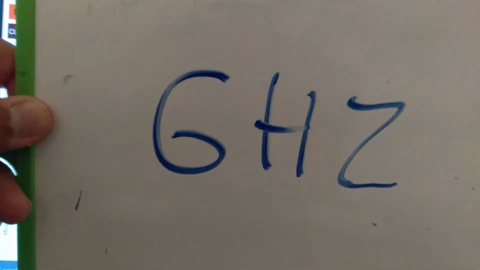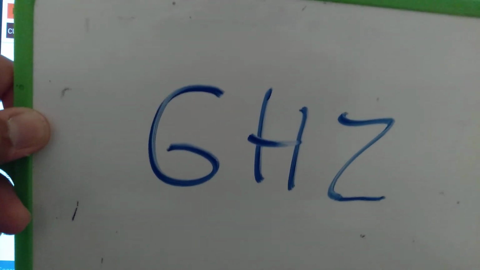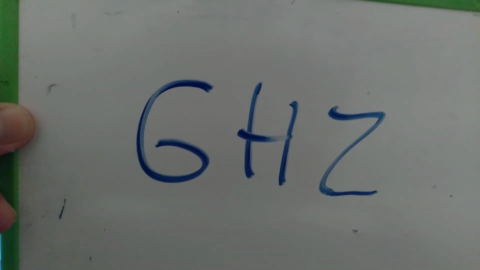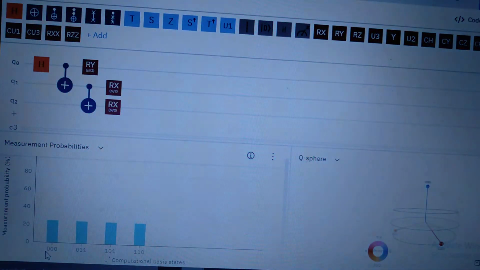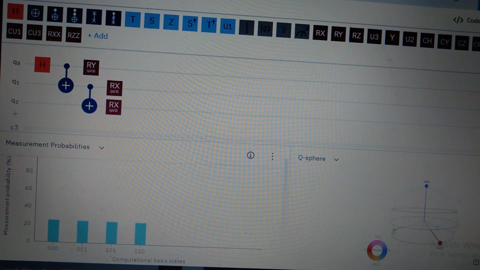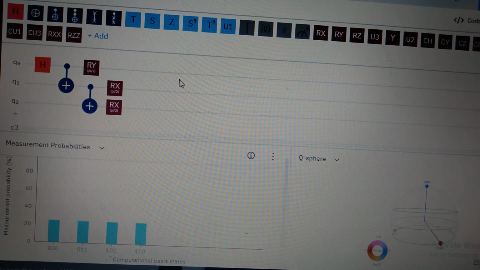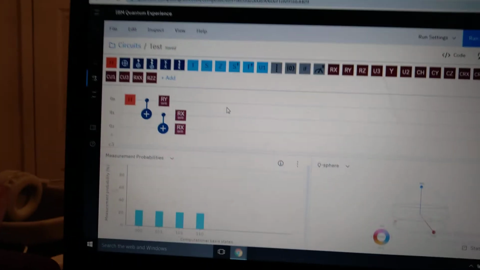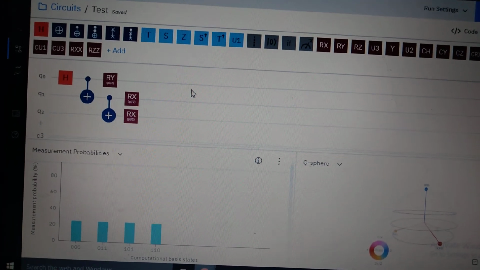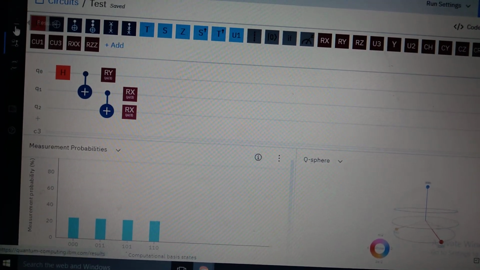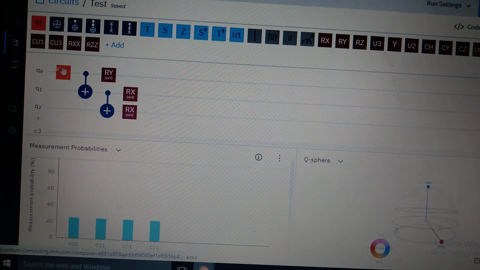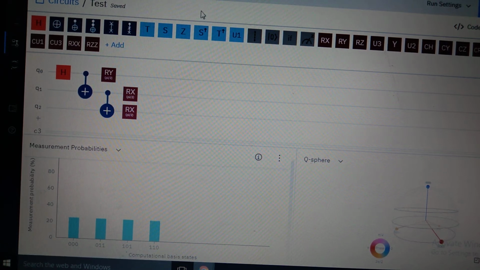This is, again, similar to the GHZ state, but it's a little more simple, mine. Okay, but it sort of gets you the idea. If you go into the slides here, you can actually find some work that was done by the IBM people on GHZ.